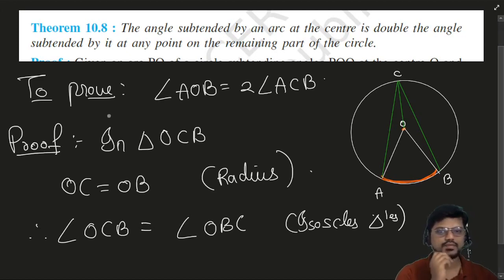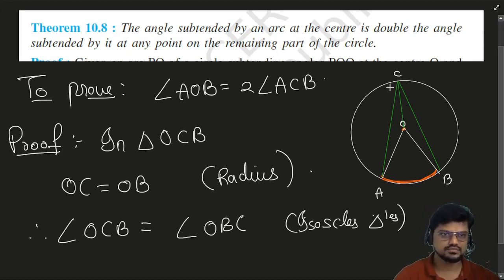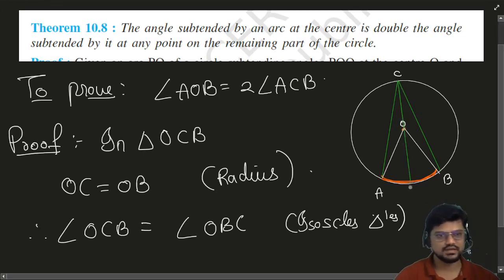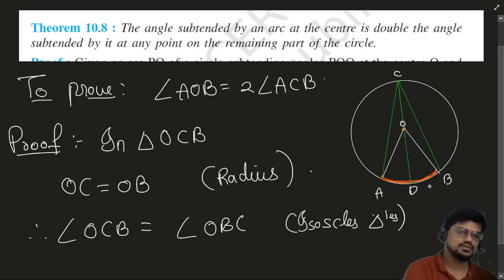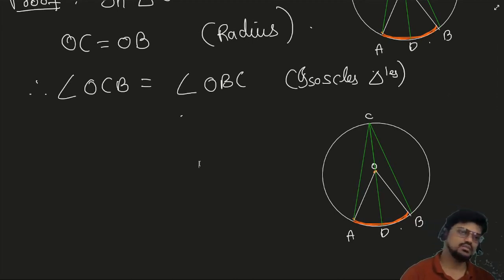If I extend this line up to the arc, and this is D. Now angle OCB is equal to angle OBC, right? Got it. Why? Because the triangle is isosceles. That's why. Right?